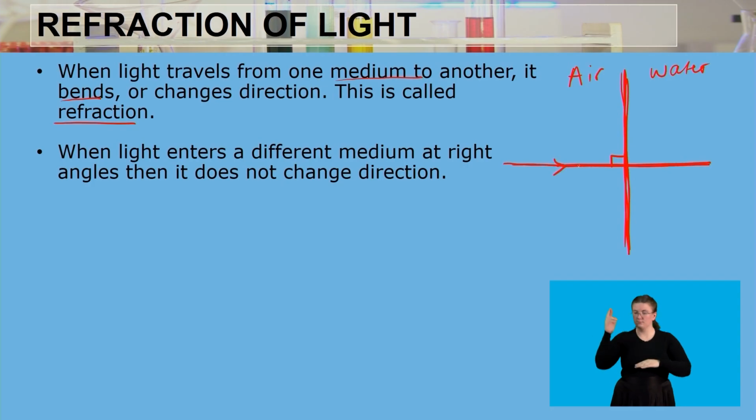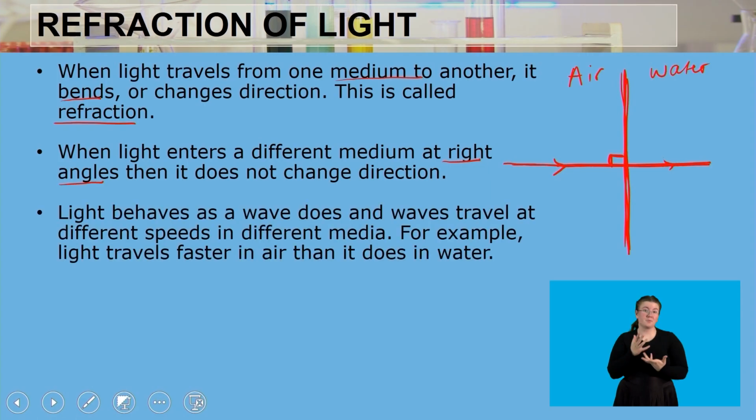It is still going to move in a straight line because it is entering at right angles. Remember, right angles means that it is perpendicular or at 90 degrees, as we can see by that notation given there. So when light enters a different medium at a right angle, it does not change direction.